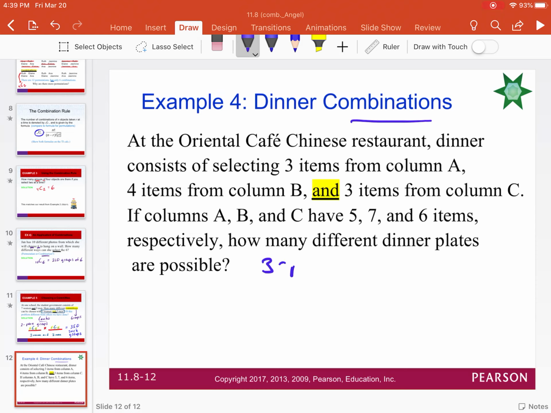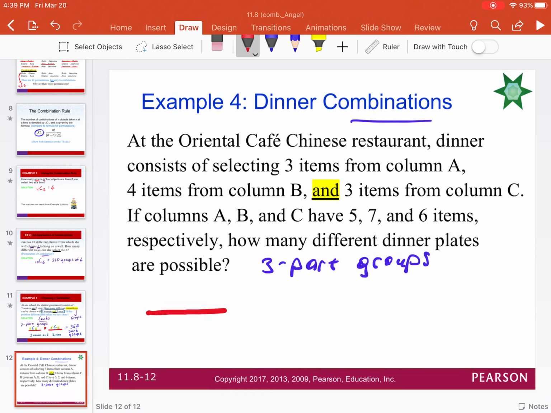Okay, this is a 3-part group. My 3 parts are, I'm choosing from column A, column B, and column C. Kind of like a buffet, I guess. How about that? Okay? All right. So since it is 3 parts, hopefully you were thinking along the lines of almost like the fundamental counting principle.